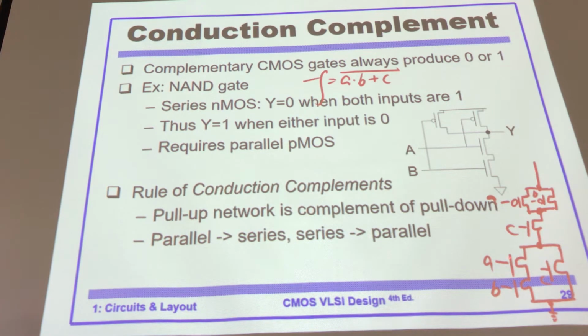So it's just like this. When A and B are 1, then it's connected, it's on, right? Otherwise, if C is 1, you also get on for the N network. Then you get 0 volts at the output, right? This equation is equivalent to this connection.